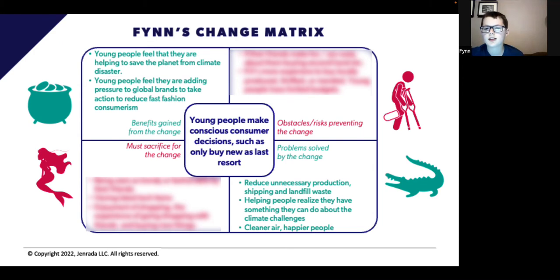That's a really important thing for helping us to be better for the climate, and for young people to feel that they are adding pressure to global brands to take action to reduce fast fashion and consumerism, because a lot of big brands base the way they make their money off of this concept of people continuously getting different shoes and clothes and different things.